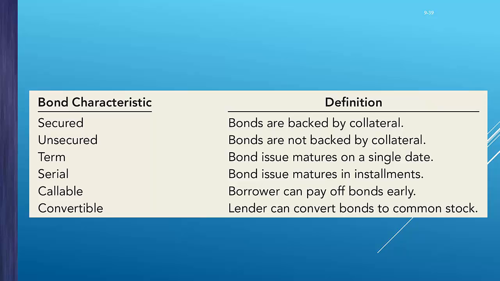Some bonds are unsecured, meaning they're not backed by any collateral, and the term is simply how long the bond is issued for. And then serial bonds means that they mature at different phases. Callable bonds means that the person who issues the bond may take it out for 10 years, but maybe in 5 years they're done with their project, so they may call those bonds back.